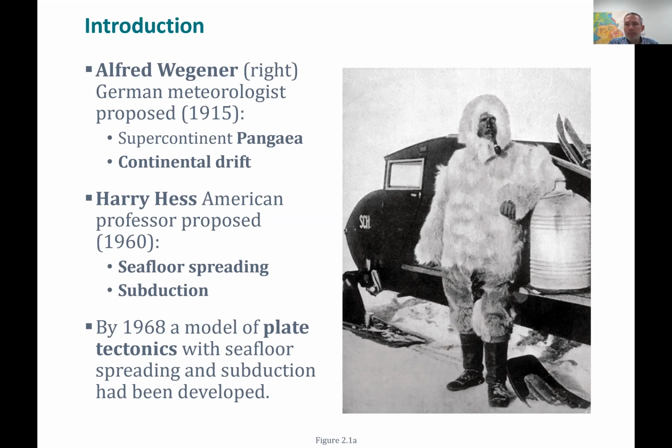He was actually not a geologist, as one would think. He went to school for meteorology. In fact, he fell in love with his professor's daughter, and his professor was Dr. Koppen, whose name we know from our chapter on climate, since the climate classification system is named after Alfred Wegener's father-in-law.